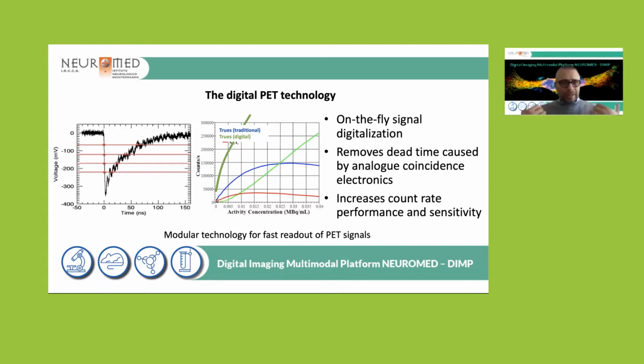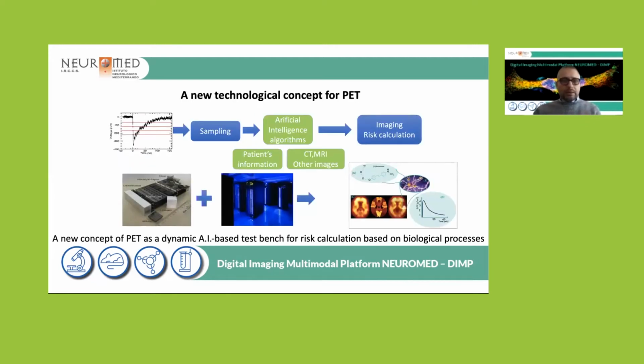So thanks to that very specific digital technology, we came up with a modular technology for the fast readout of PET signals. This happens to be a completely new technological concept for positron emission tomography.